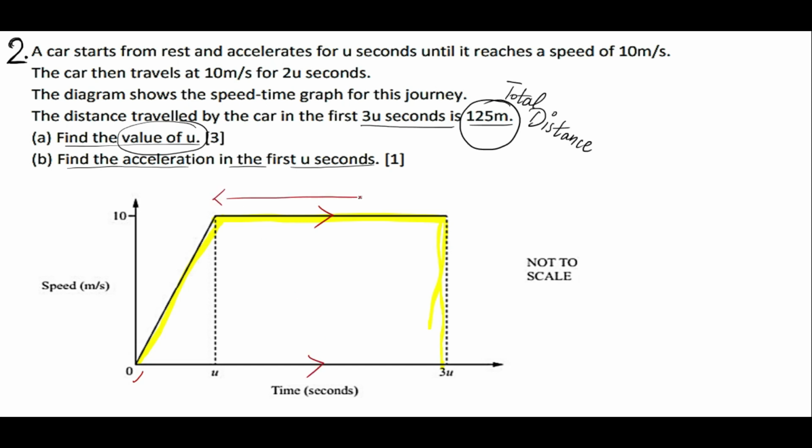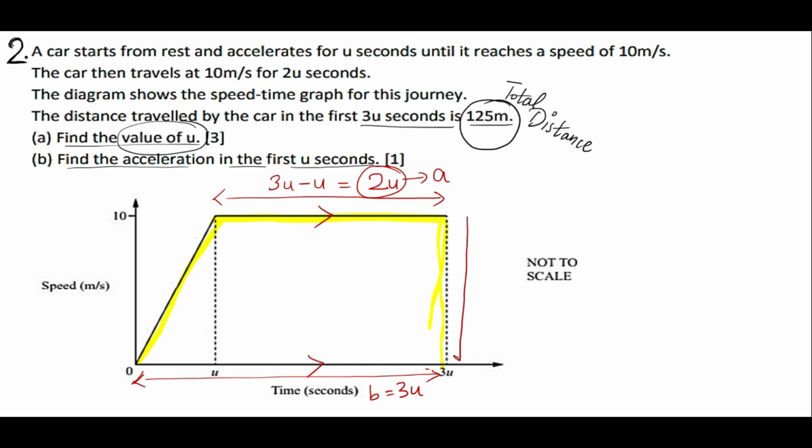If you look at this length, it's going to be 3u minus u. So 3u minus u giving you 2u. So this will be your a, and your b is equal to 3u. And the height h is given by, from the y-axis we can see it's equal to 10.